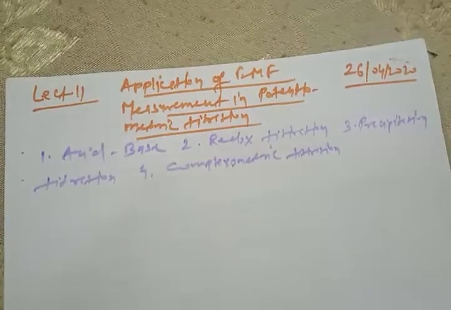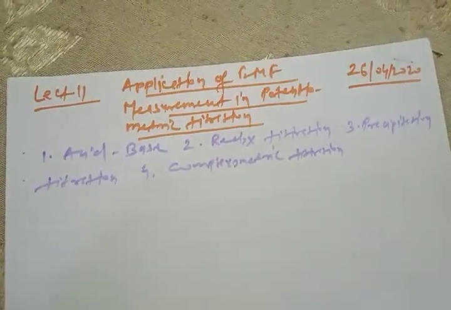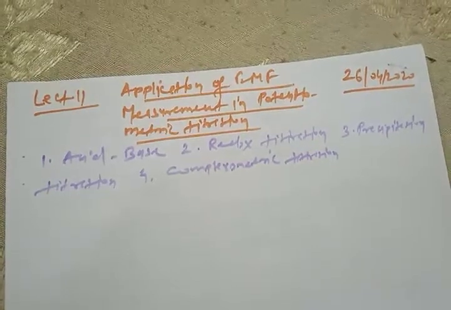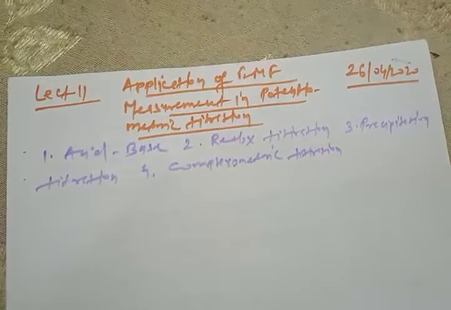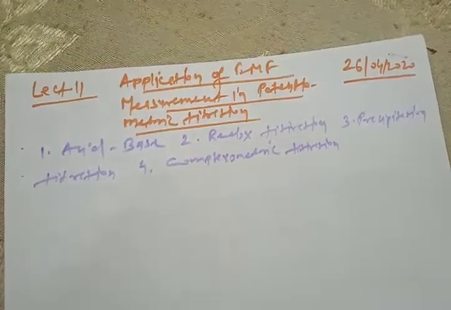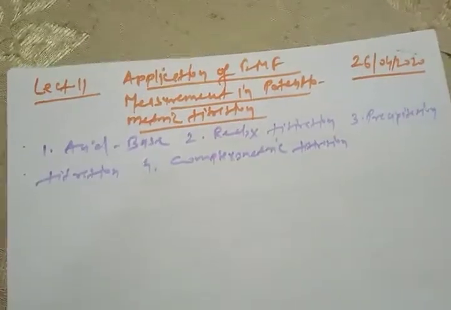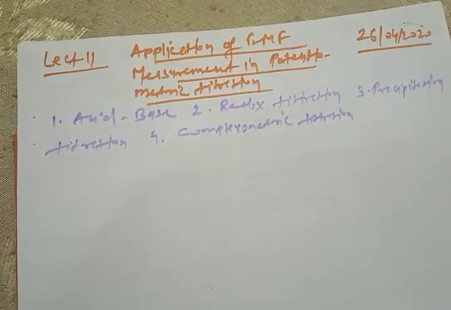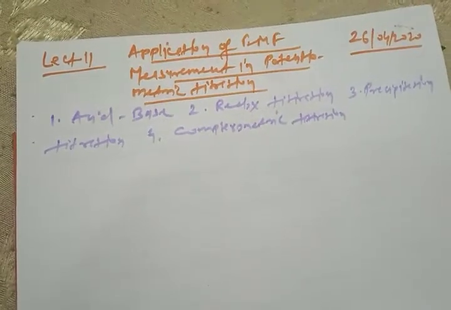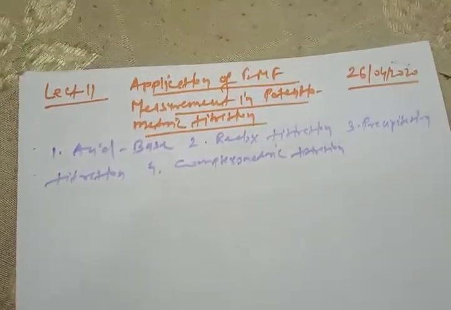We use an appropriate indicator, then add NaOH or whatever from the burette, and the color will change. Then the reading is plotted and we get a graph. By the burette calculation you can find out the unknown concentration using N1V1 = N2V2, as you all know in acid base.